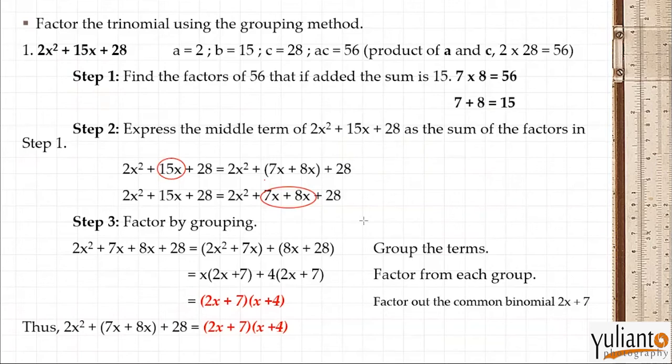What I did is I just grouped the 4 terms by 2, so I just put parentheses here. This is the original equation. I grouped this first part, 2x squared plus 7x, in brackets, and then I copied the positive sign, and then again put brackets for 8x plus 28.